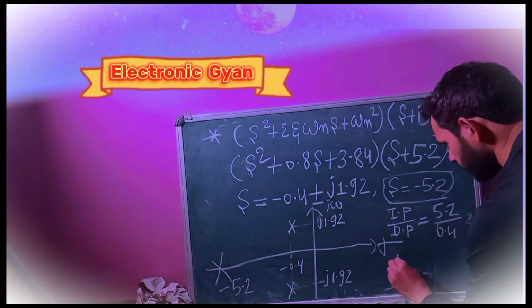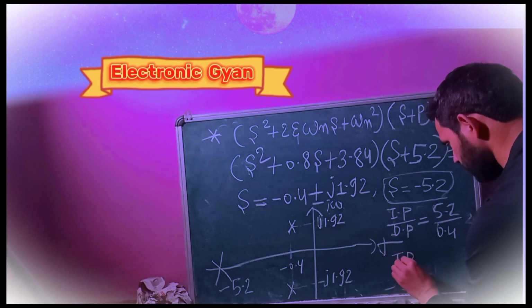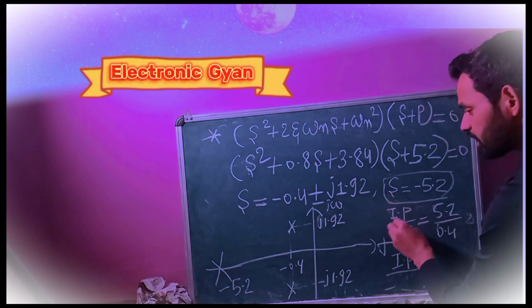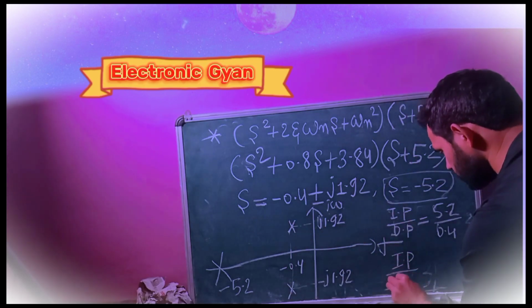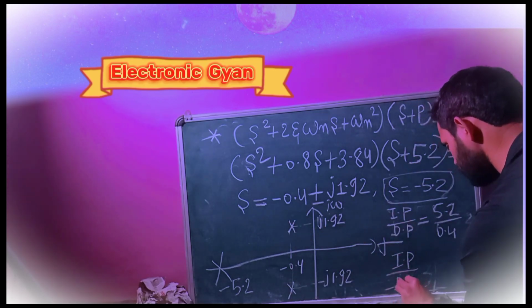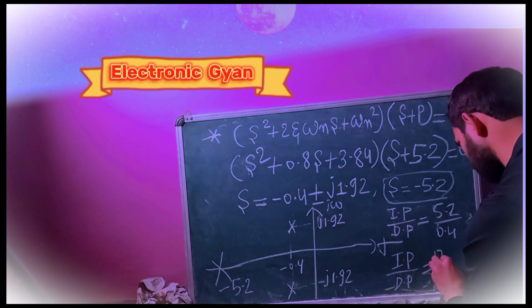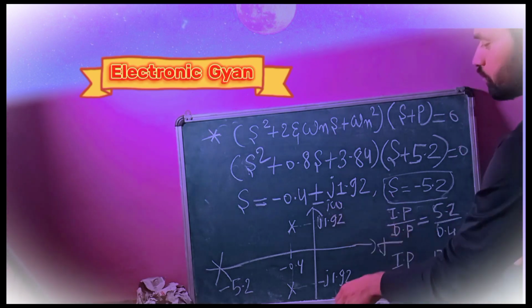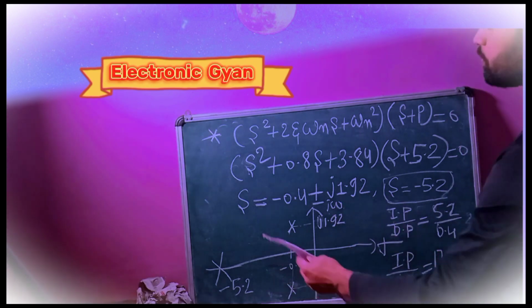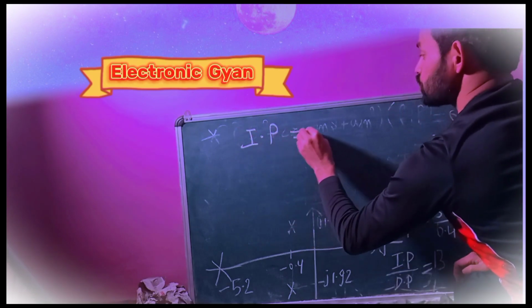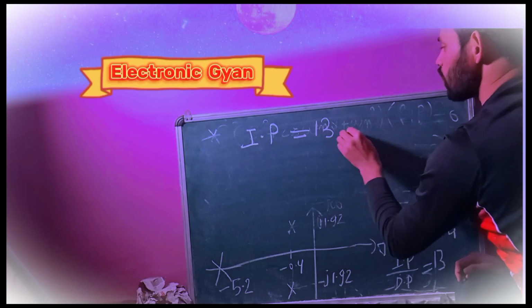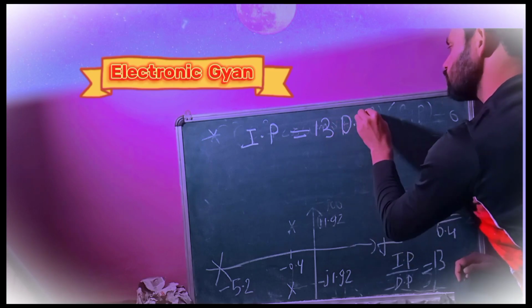IP means this insignificant pole, DP means this dominant complex pole. It is coming 13. So the insignificant pole is 13 times the dominant pole.